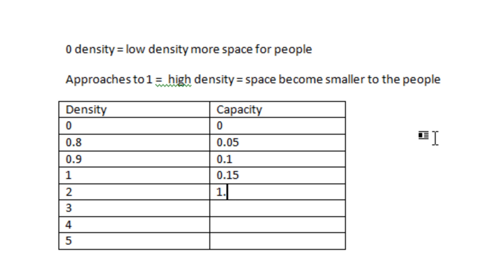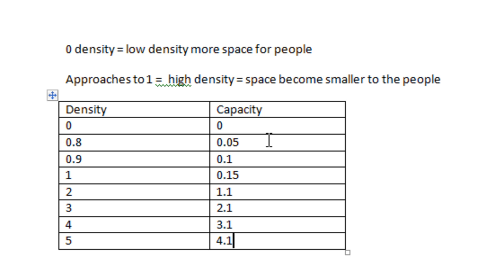So let's say if the density equals 2, meaning 1.1, then 3 gives 2.1, and 4 gives 4.1. So if the density is 0, it is equal to 0; at 0.8, 0.05.